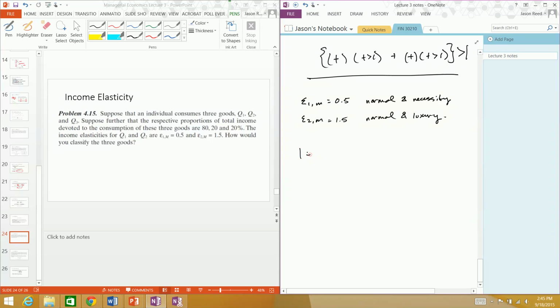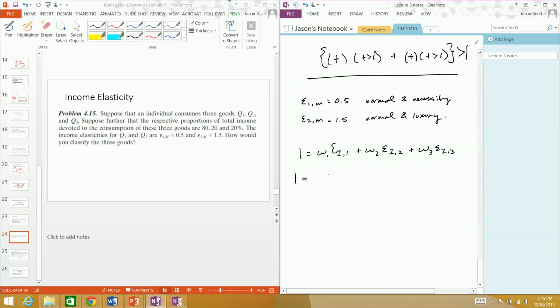So we have 1 is equal to omega 1, elasticity of income 1, plus omega 2 with income elasticity 2, plus omega 3, income elasticity 3. Now don't worry that the weights don't add up to 1. We're not concerned with that right here. This is purely for example purposes.